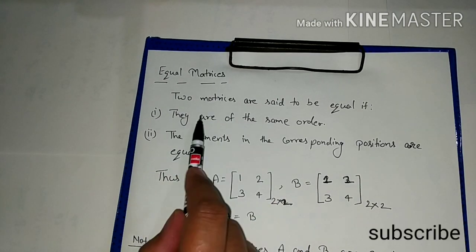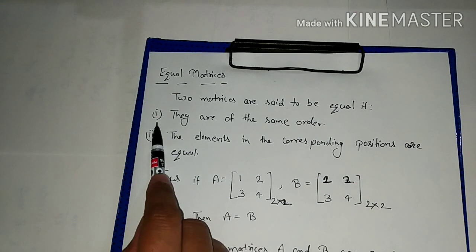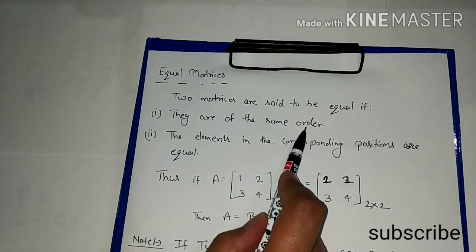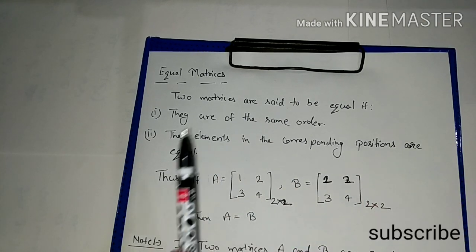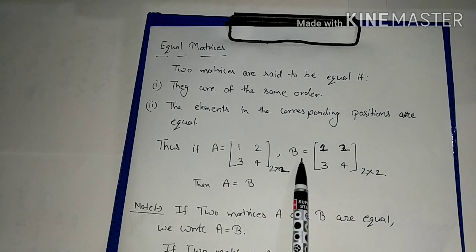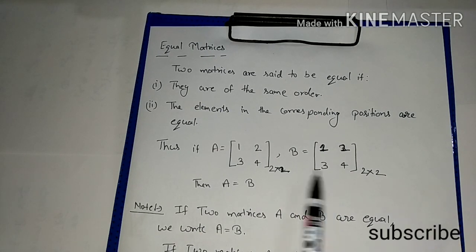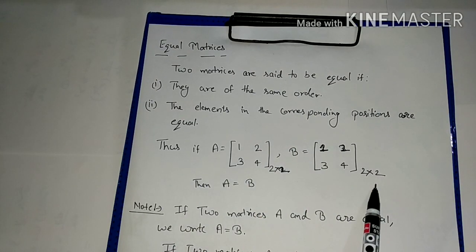Equal matrices. Two matrices are said to be equal if, first condition, they are of the same order. Second, the elements in the corresponding positions are equal. Example, if A equals [1 2; 3 4] and B equals [1 2; 3 4]. First condition, they are of the same order, order 2 by 2, order 2 by 2.